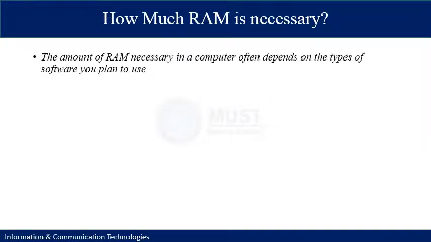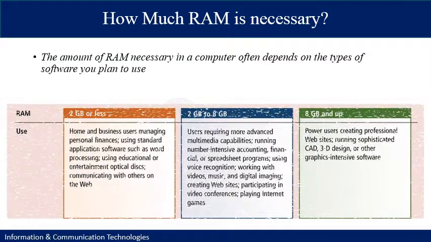So how much RAM should be necessary? It really depends on the need of the customer or the user. The amount of RAM necessary in a computer often depends on the type of software that particular user wants to use.